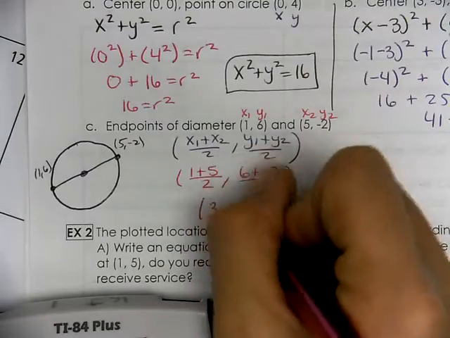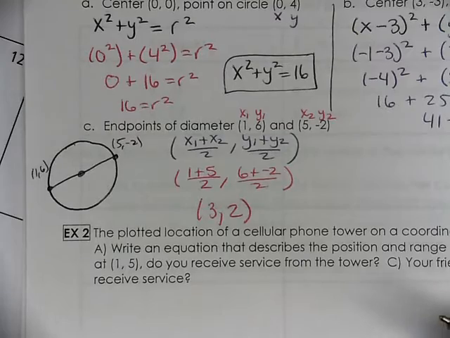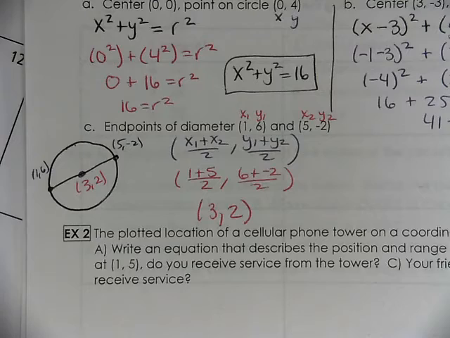So 3, 2. And I'm going to try to not give you one where you end up with a fraction. So our center here is at 3, 2.